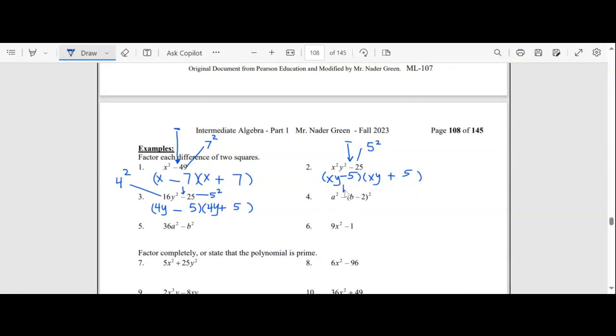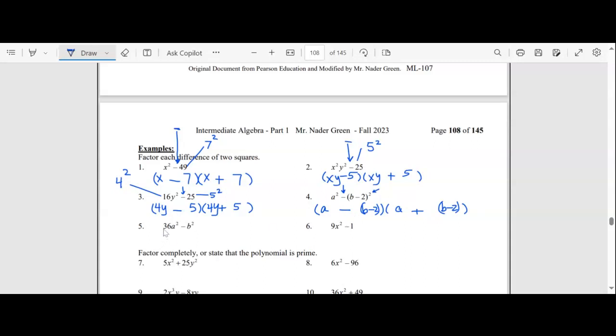Number 4. Here I have, do we have a negative? Yes. Do we have squared? Yes. So you just make 2 parentheses. So it's going to be a, a. And this is b minus 2 together, right? And b minus 2 here also. One is plus, and one is minus. Does it matter which one you put first? Negative first or positive? It doesn't matter.